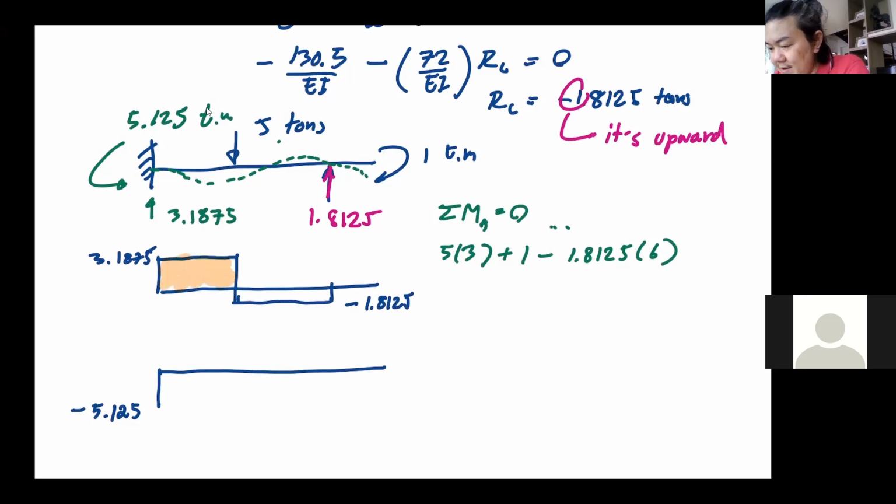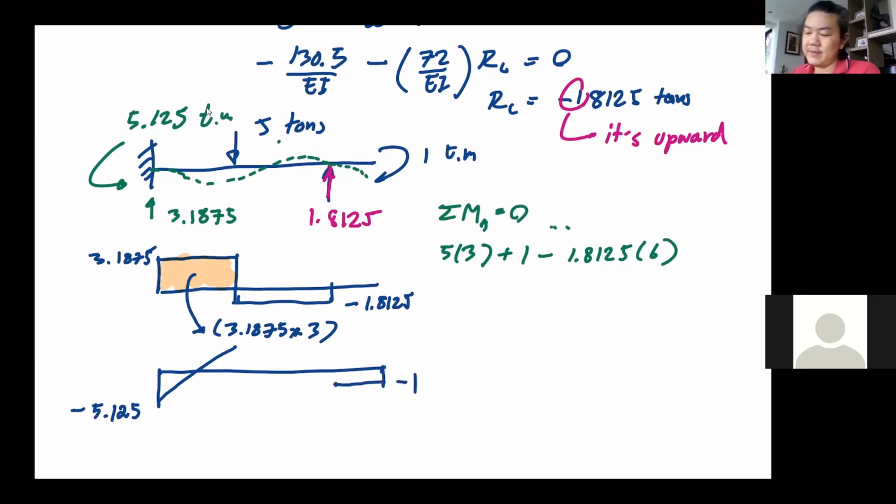Okay, use that area to obtain the value, and the area is equal to 3.1875 multiplied by 3. Incidentally, that is greater than minus 5, right? So you're going to have positive moment. Yes, point of inflection. And whatever that is, you know that this is going to be minus 1, correct?